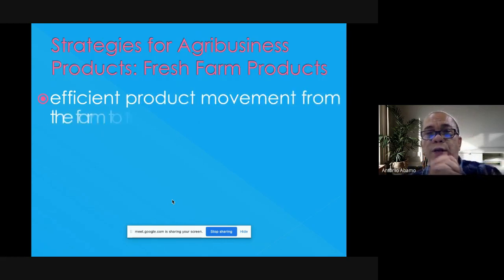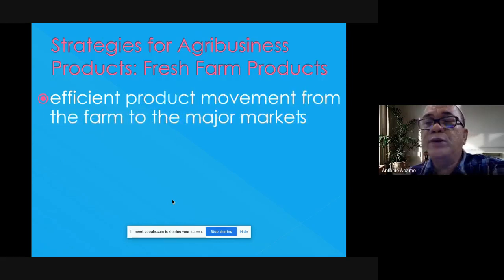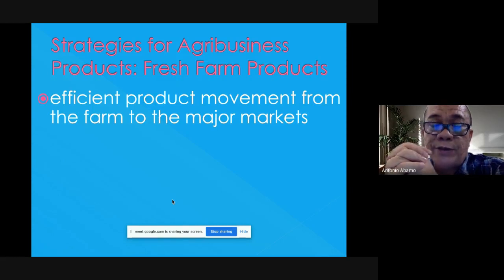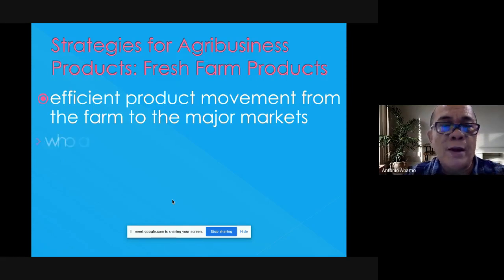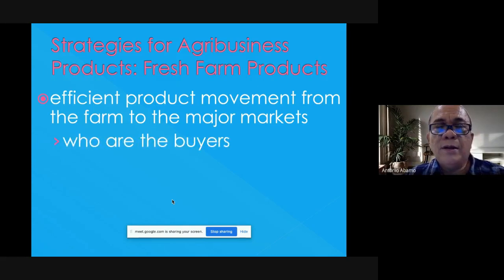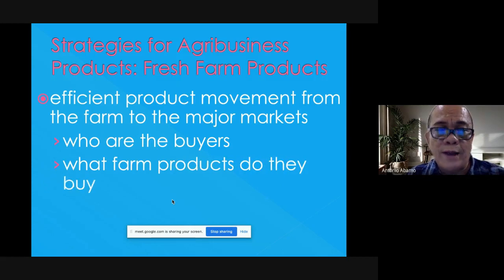Now, let's go to the strategies for various types of farm products or various types of agribusiness products. For fresh farm products, what is important there is efficiency and quickness in reaching the market. Another strategy is, who are your buyers? Are they after quality, or are they after volume, or whatever quality characteristic?